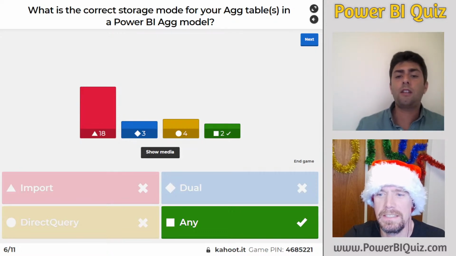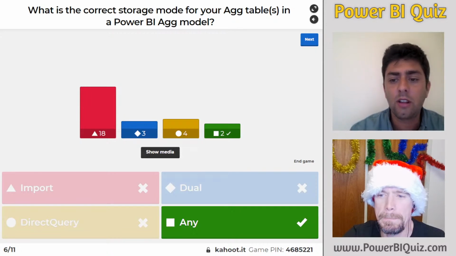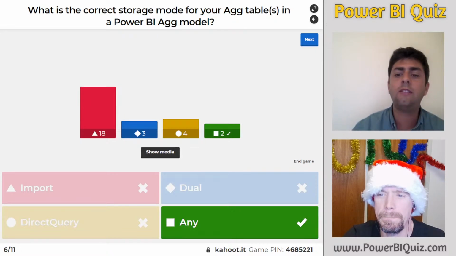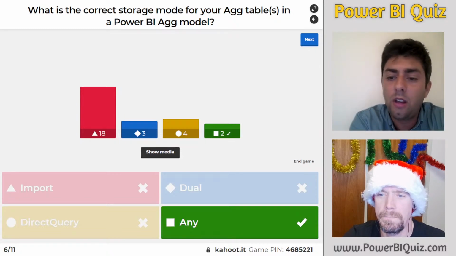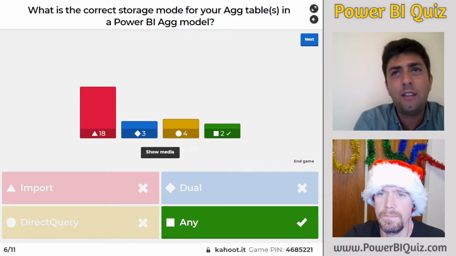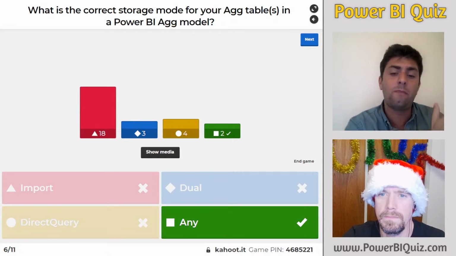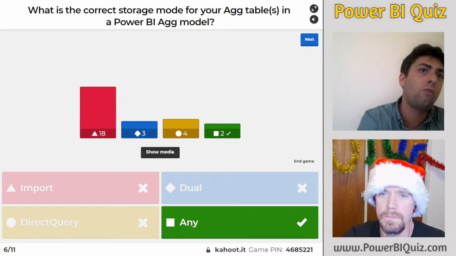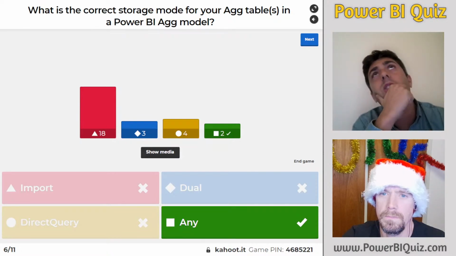So Richie is saying on the chat, but if your ag and detail tables are both direct query, don't we just have a direct query model rather than an ag model? Well, technically no, because the engine will still be able to rebuild the SQL query and reach the correct table.